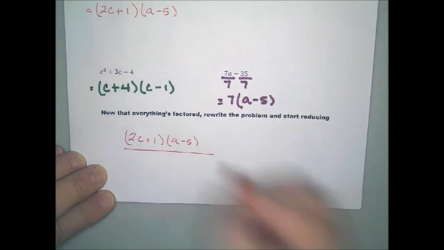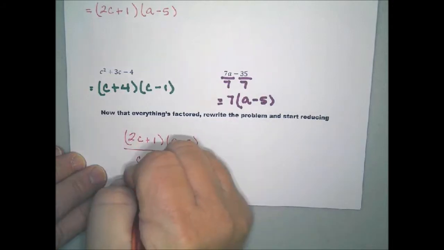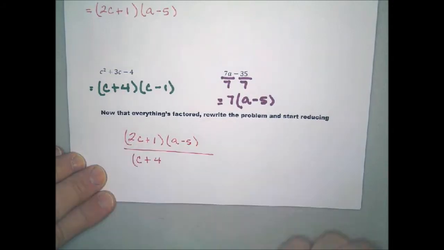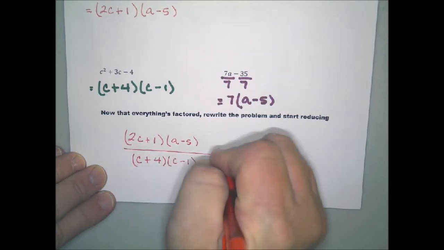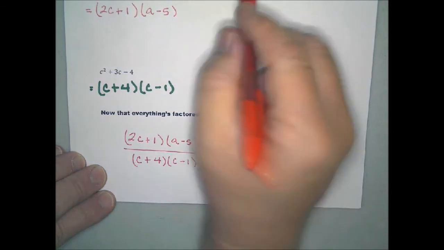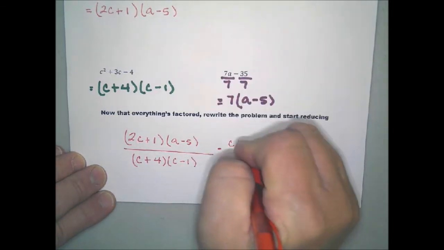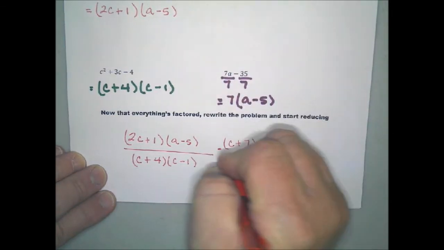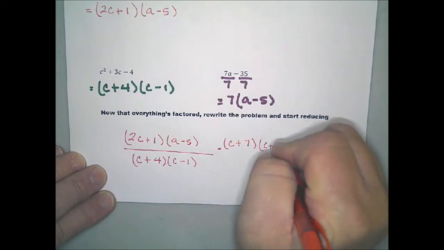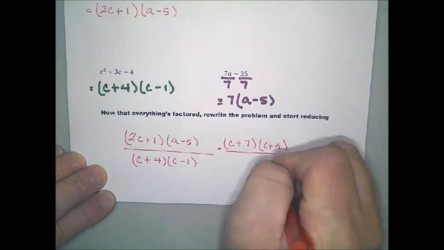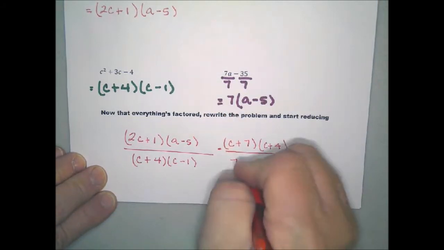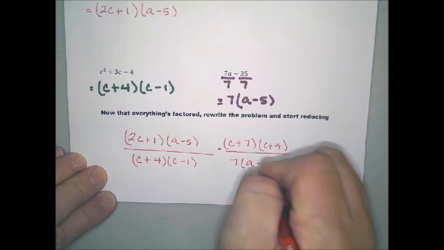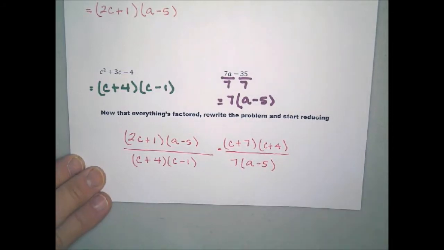The denominator of the first fraction was c plus 4, c minus 1. The numerator of the second fraction was c plus 7 times c plus 4. The denominator of the second fraction was simply 7 multiplied by a minus 5. So here's the problem in its fully factored form.